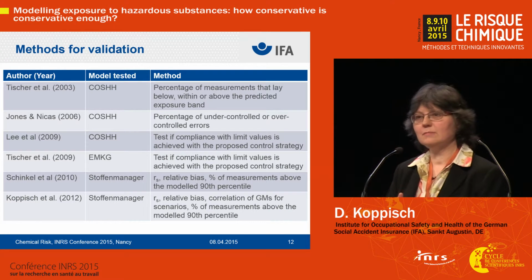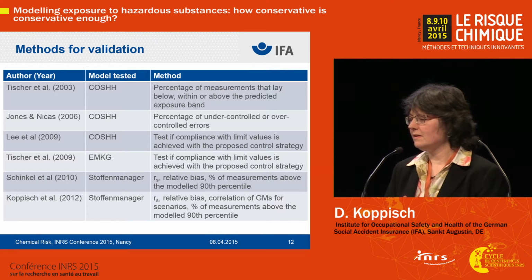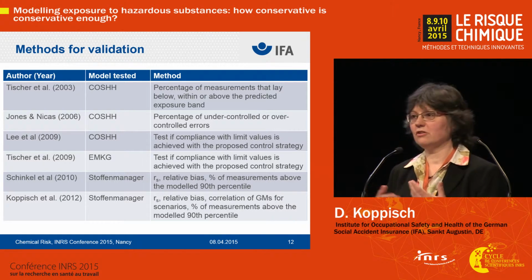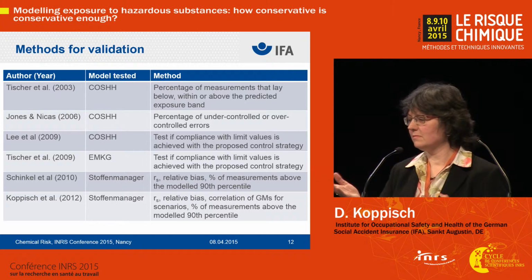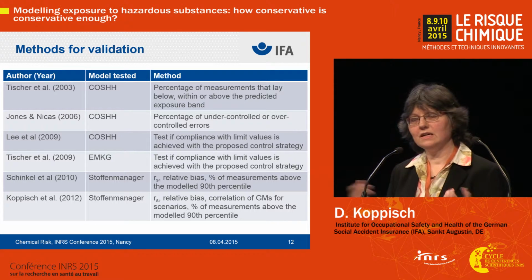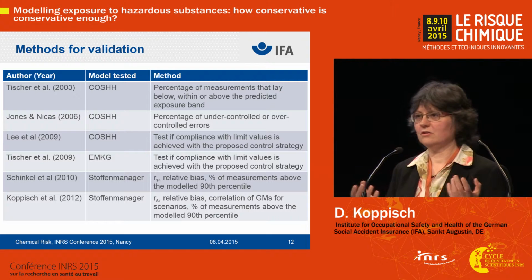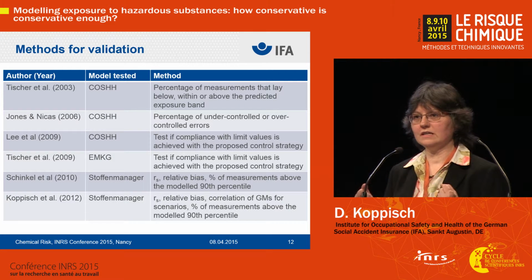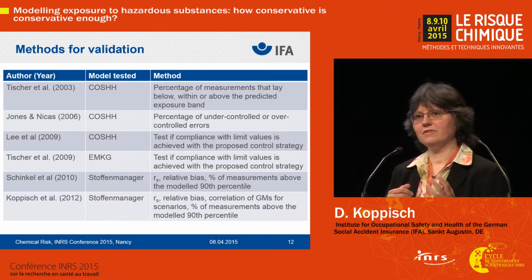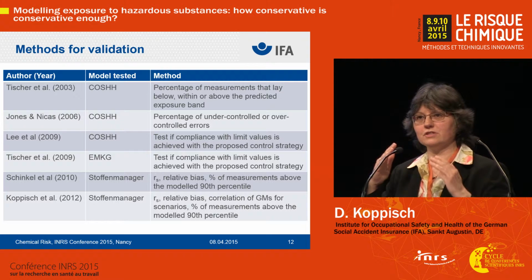Then the last two examples, two validation studies on Stoffenmanager, calculated a correlation coefficient, Spearman's R, and when you look into the paper, the correlation coefficients are like 0.2, 0.4, 0.5, so they are not as high as you would expect if you have a straight line.